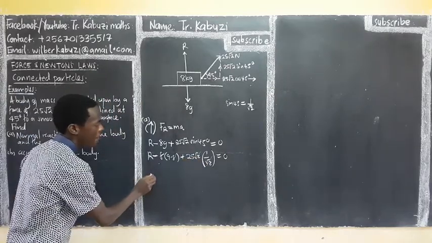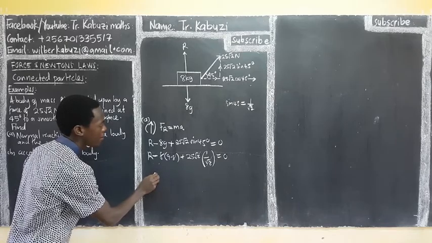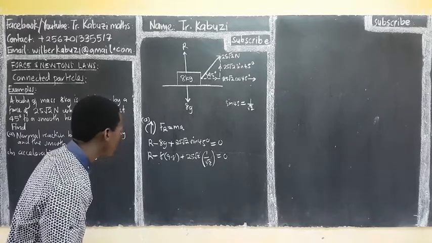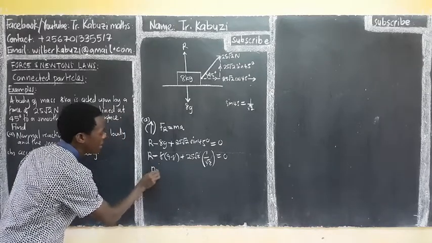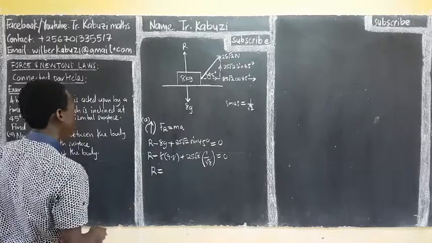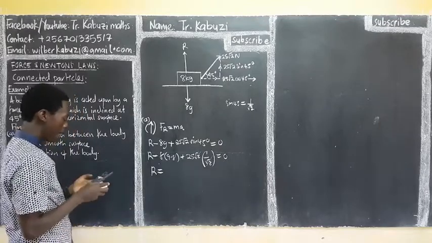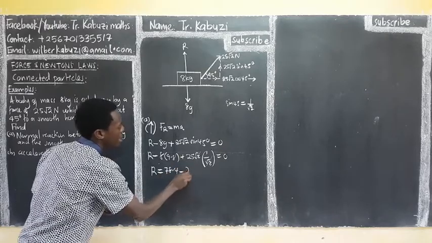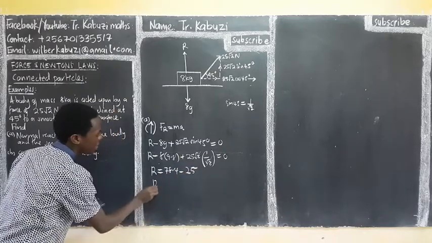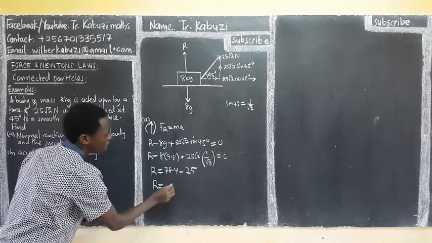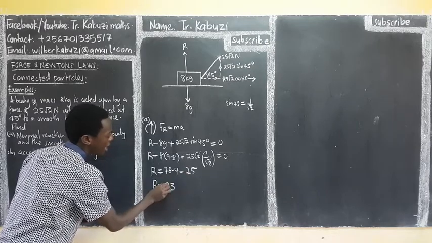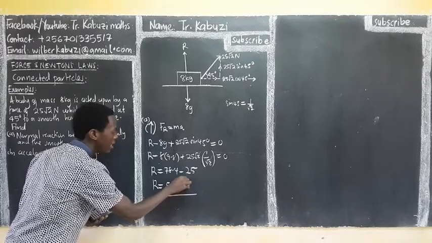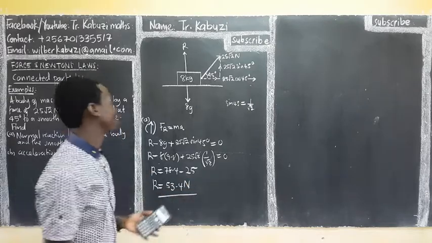So our R is going to be, when we take the other side, 78.4 minus 25. If we subtract, 5 from 4 you get 3, and 7 minus 2 gives 5, so R is 53.4 newtons, because it's a force. The resultant is a force.